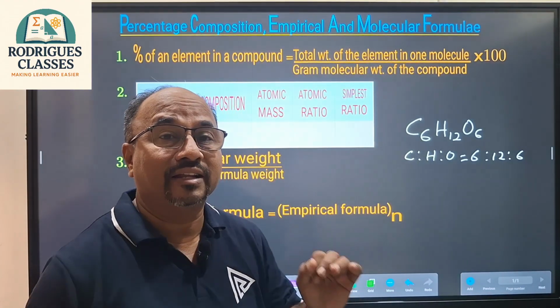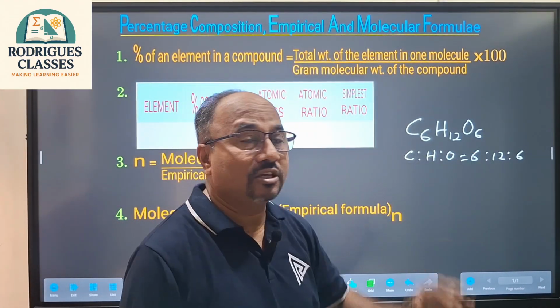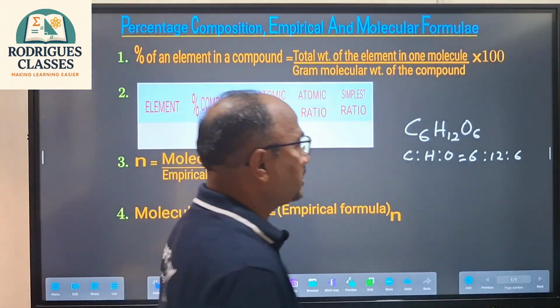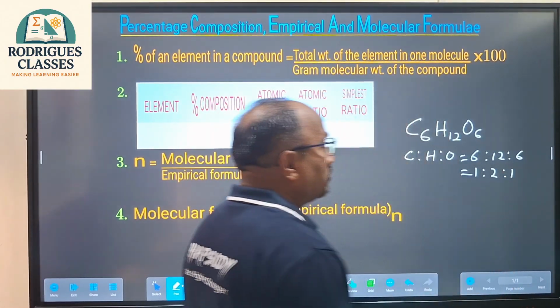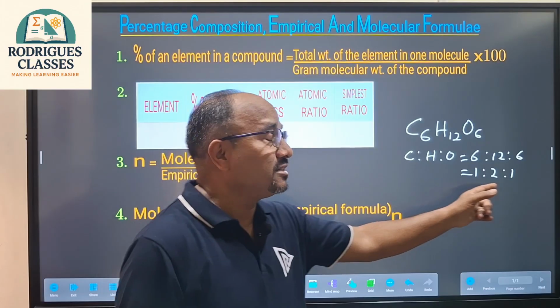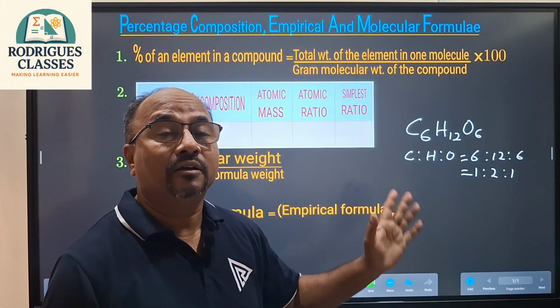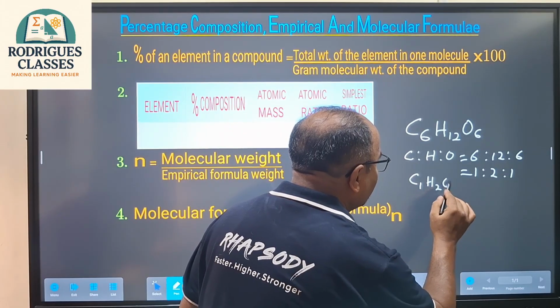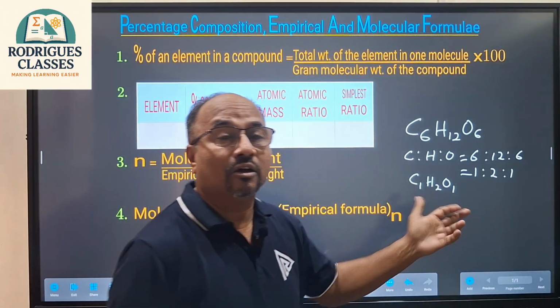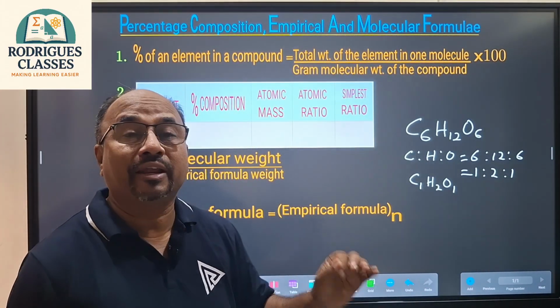But this is not in the simplest ratio. You can see all of them can be divided by 6. So if I divide, it comes to this. Now if I use these numbers and write the formula, that is C1, H2 and O1. Now this is called the empirical formula.